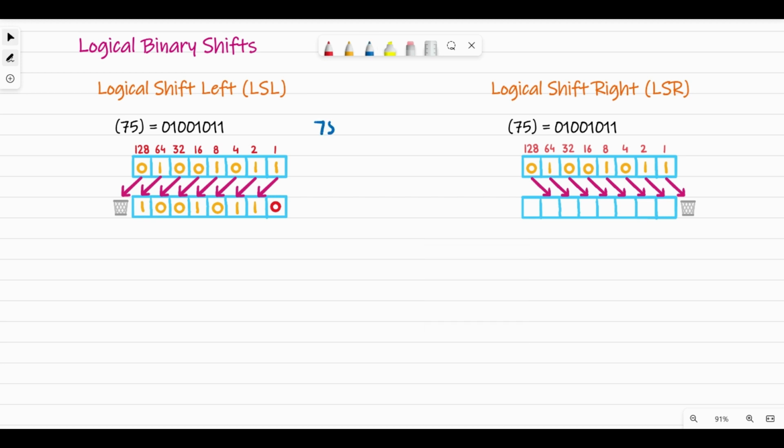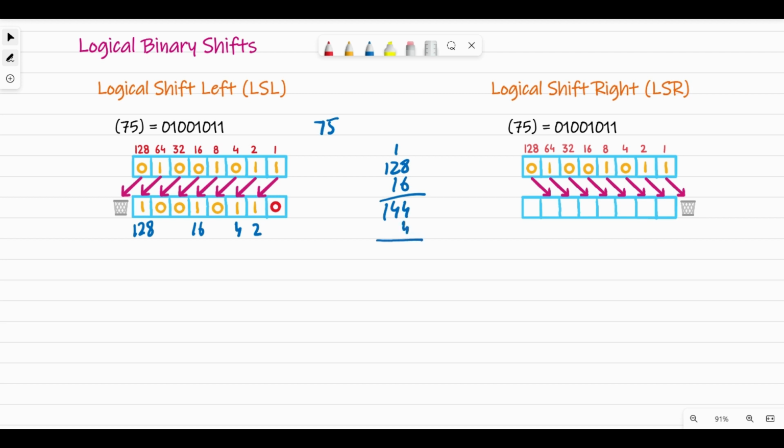Now we'll compute its value: 2 4 8 16 32 64 128. 128 plus 16 is 144.